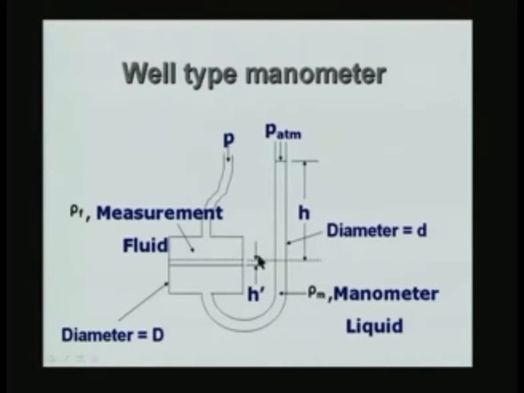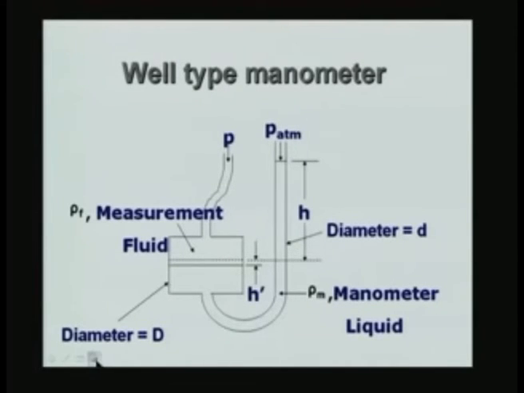So, now I can find the true manometric height, which is nothing but h plus h prime. h is of course measured, and h prime can be calculated and used as a correction for the manometer head. So, h plus h prime is multiplied by rho m minus rho f, as we indicated earlier.